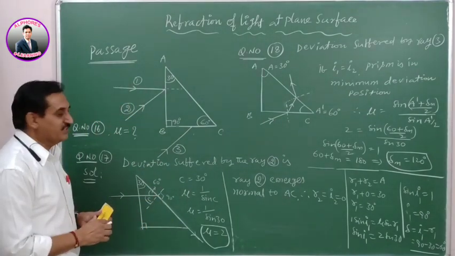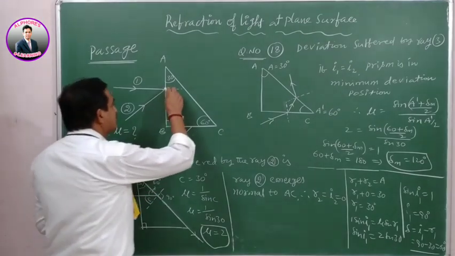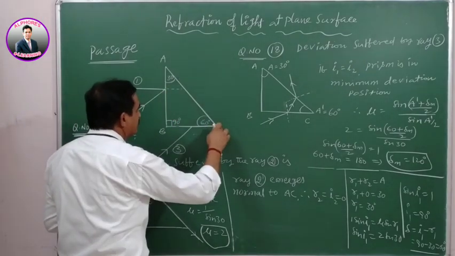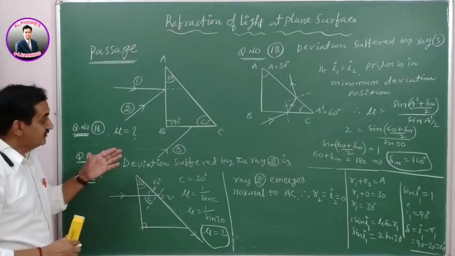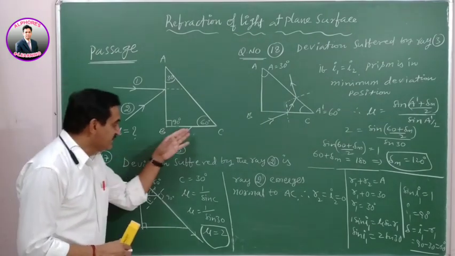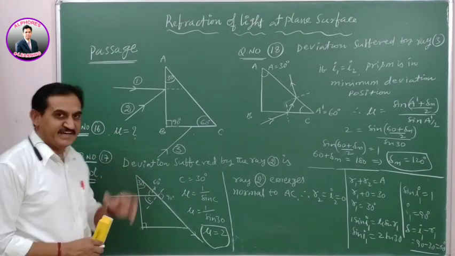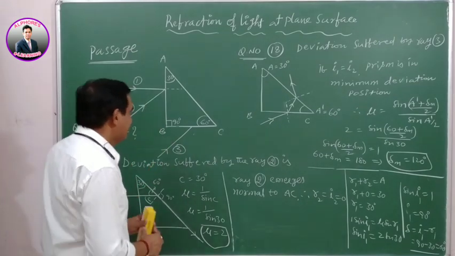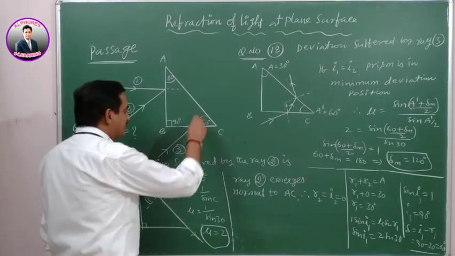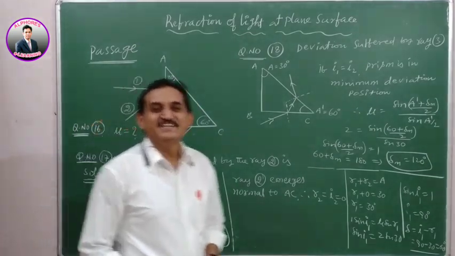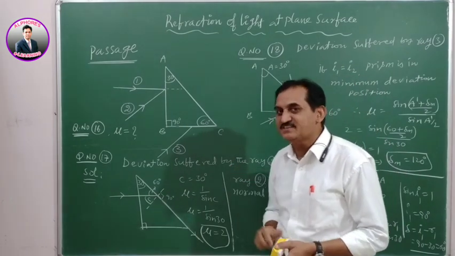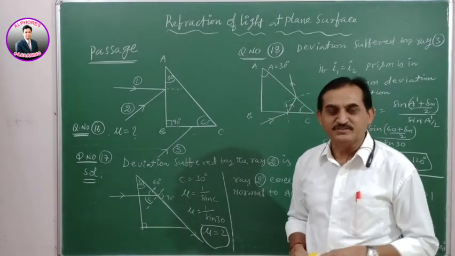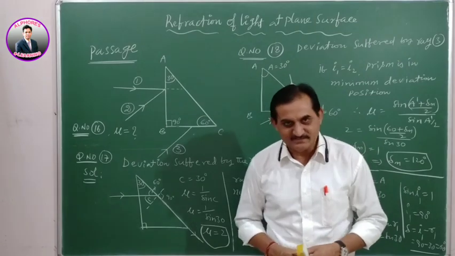After refraction, it emerges perpendicular to the side AC. And the third ray, which is incident as shown in the diagram on BC, after refraction emerges such that the angle of emergence is equal to the angle of incidence for ray 3. So this is a clear data given.